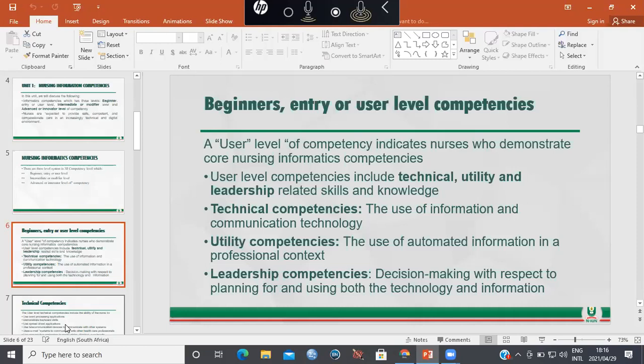Utility competency, that is the use of automated information in a professional context, while leadership competency is the ability of the nurse to have decision-making with respect to planning for and using both the technology and information.